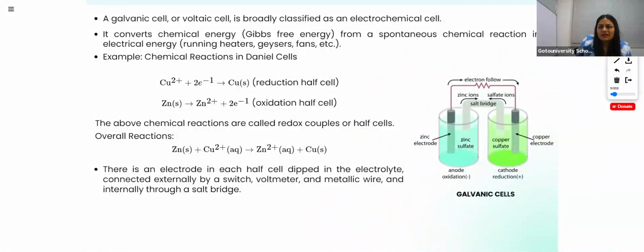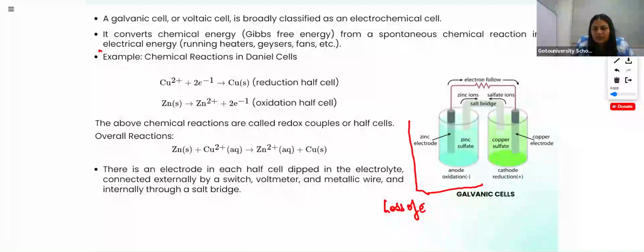Let us read here. Also, before reading, let us see what kind of reaction is taking place on the left hand side, on the anode side. Loss of electrons is taking place on the anode side, which is known as oxidation.